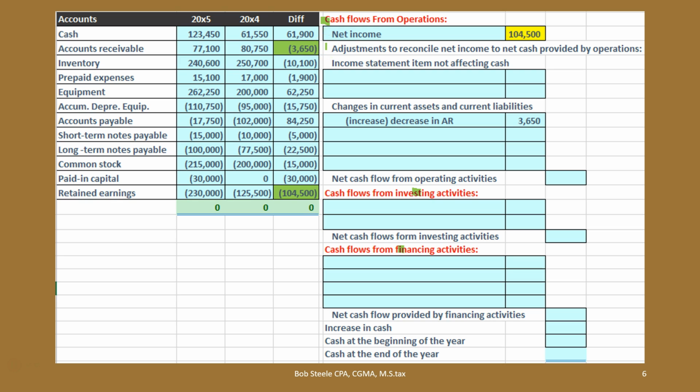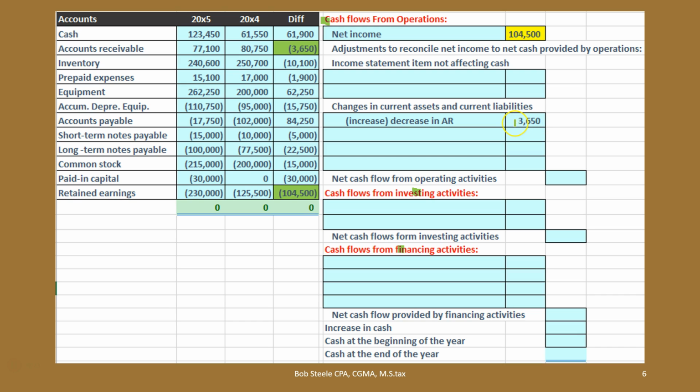Also note that if we look at the cash flow from operations, we've got two sections here, and one section is generally called changes in current assets and current liabilities. So basically all changes in current assets and current liabilities, including accounts receivable, would be in this section within the operating section. Now then there's the question of, does it increase or decrease the net income from operations in this case, if we were thinking about a cash basis?